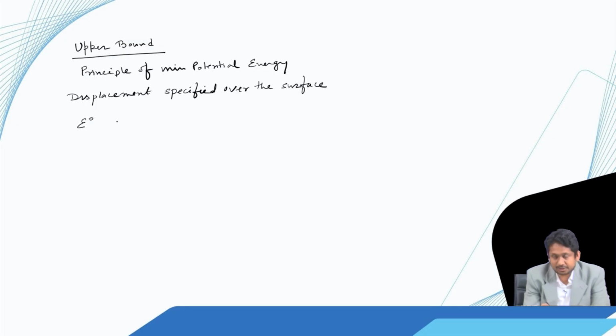So, epsilon 0 is the strain. It can have many components, 3 shear or 3 normal. So, that is the corresponding strain satisfying displacement boundary conditions.